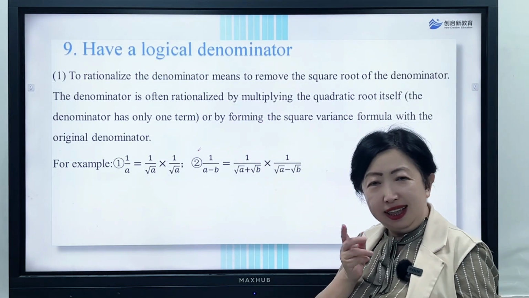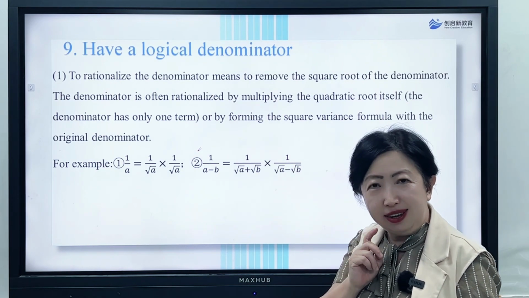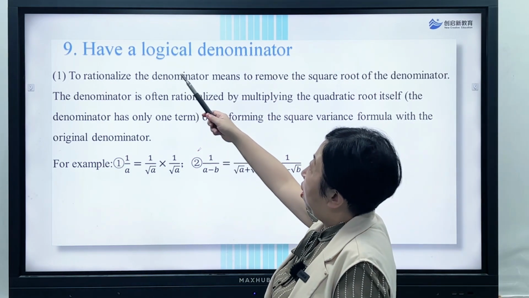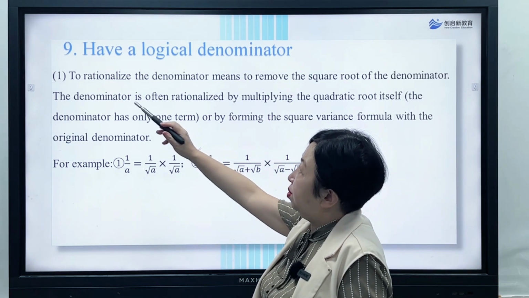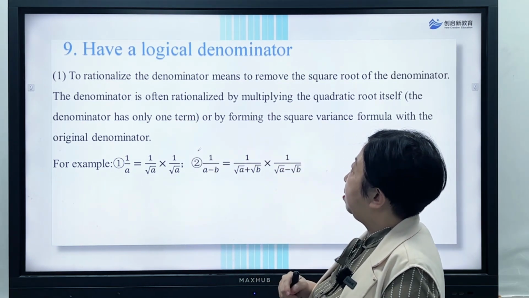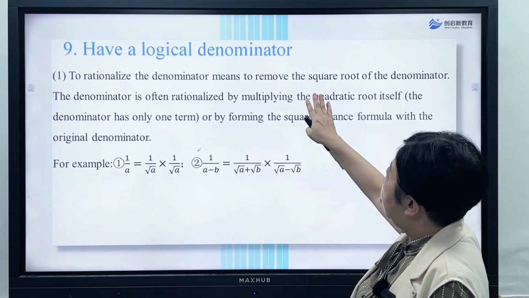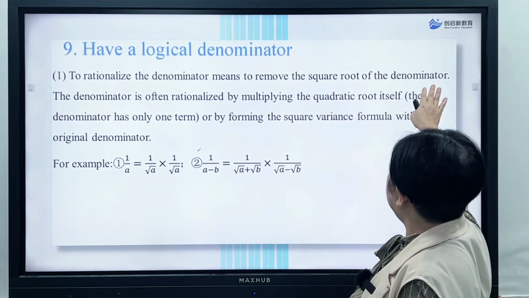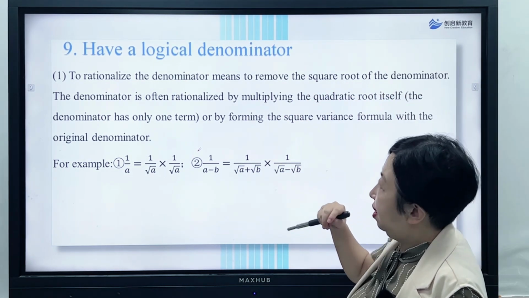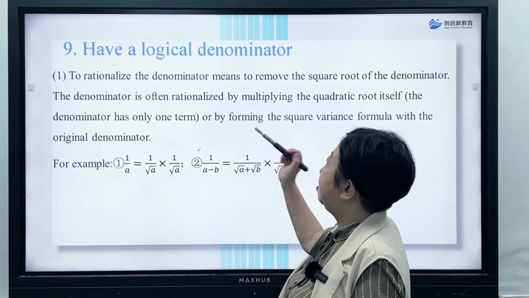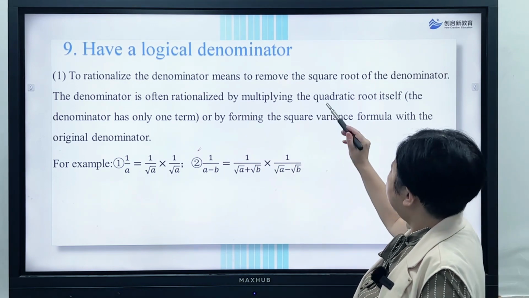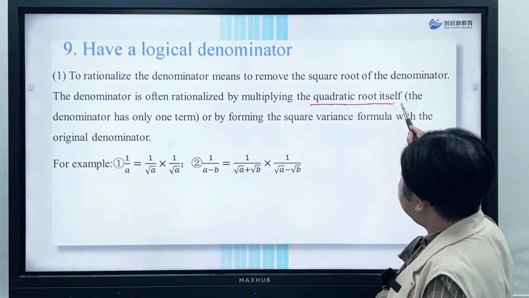A new math knowledge: rationalizing the denominator. To rationalize the denominator means to remove the square root from the denominator. The denominator is often rationalized by multiplying by the quadratic radical itself.